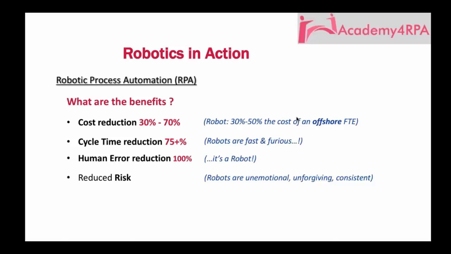So there is not much chance for risk if a robot is doing certain things in a process. Flexibility and scalability, because unlike humans, there is no need to provide training to robots.